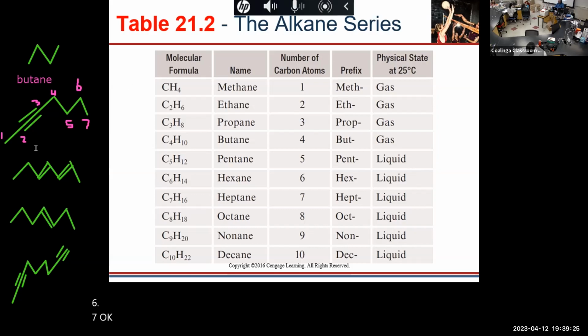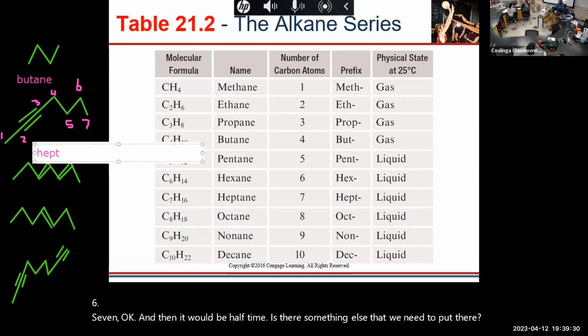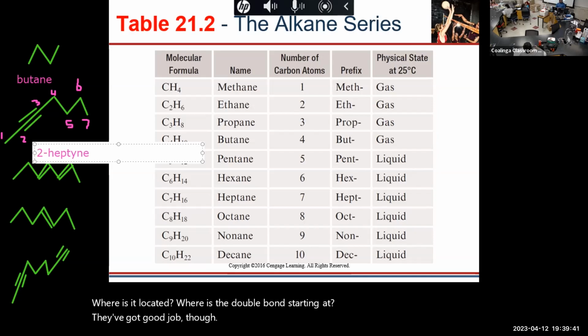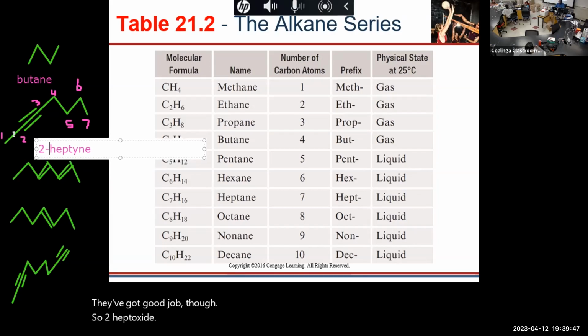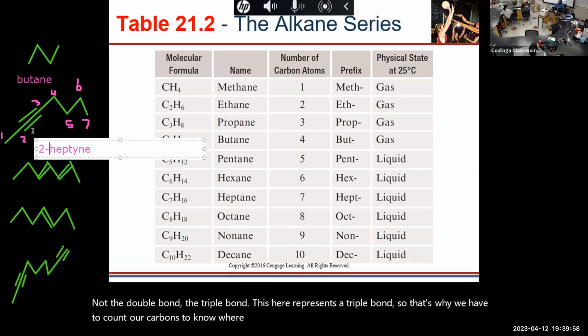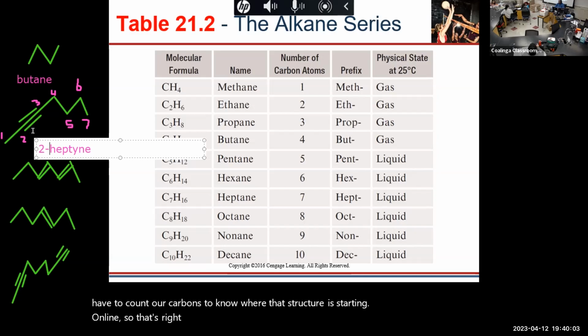It would be heptyne, but is there something else we need to add? Where's the triple bond starting? Okay, so 2-heptyne, because the triple bond starts at 2. That's why we have to count our carbons, to know where that structure is starting. If there are two, it'll be a double bond.